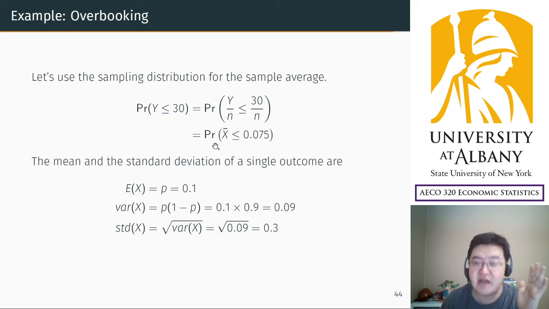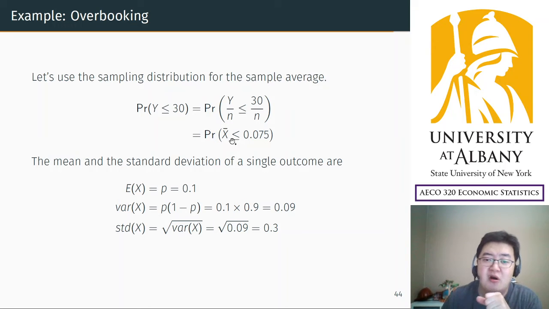So this is the average, which has to be interpreted as a probability. Instead of the number of cancellations, we use the ratio, 30 out of 400 equals 7.5%. So the probability of cancellation must be less than 7.5%.